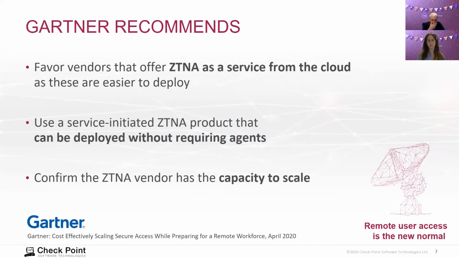I couldn't agree more. They ask that you use a service-initiated ZTNA product that can be deployed without requiring agents, so agentless or clientless technology, and they recommend that you confirm that your Zero Trust Network Access vendor has the capacity to scale.